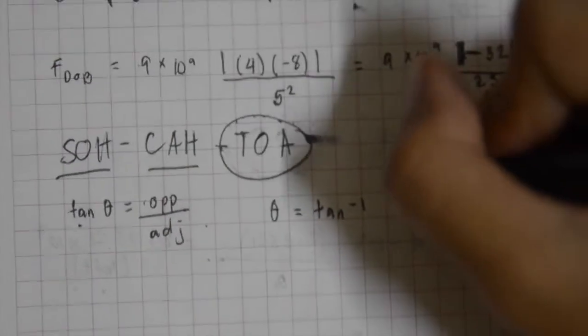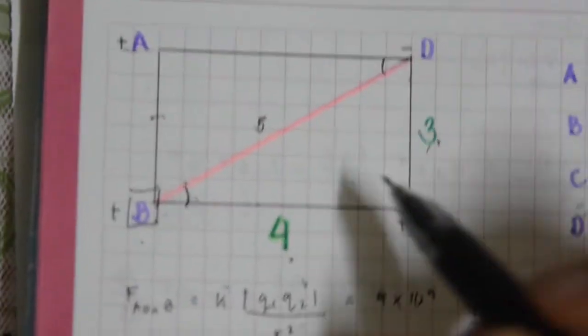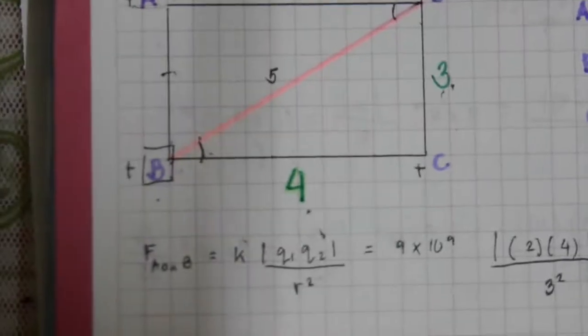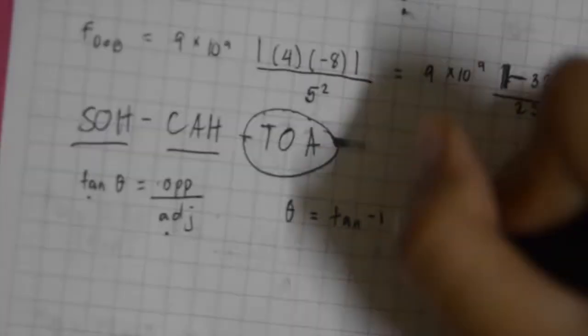So that's 3 over adjacent. The adjacent side is this, so that's 4.